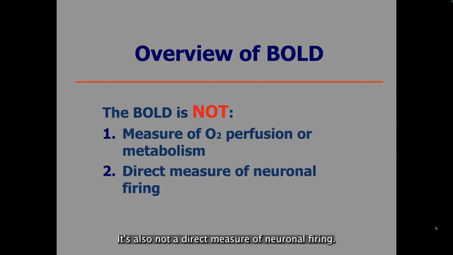It's also not a direct measure of neuronal firing, and this is a little confusing. Bold, the blood flow, is directly related to the amount of neural firing in an area. However, it is still a measure of flow. It's an approximation of how much flow using MRI techniques.